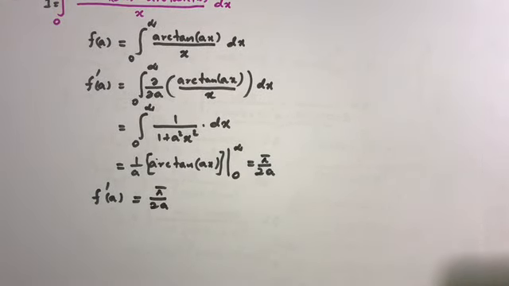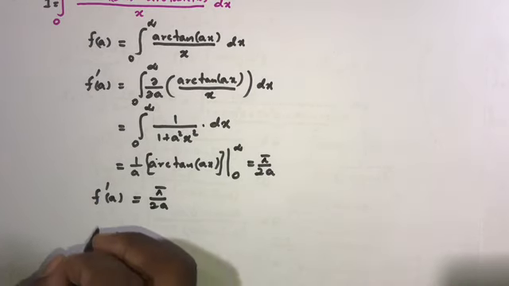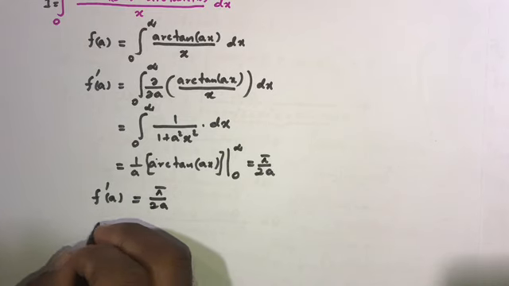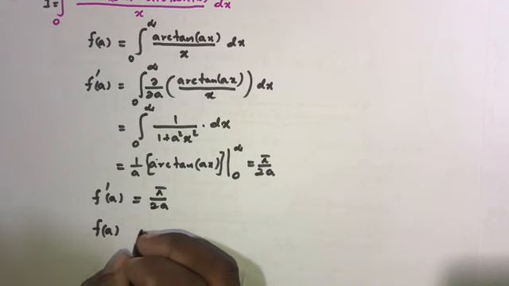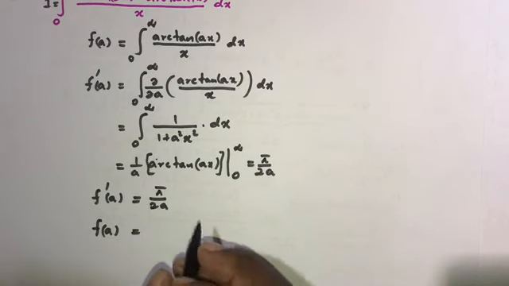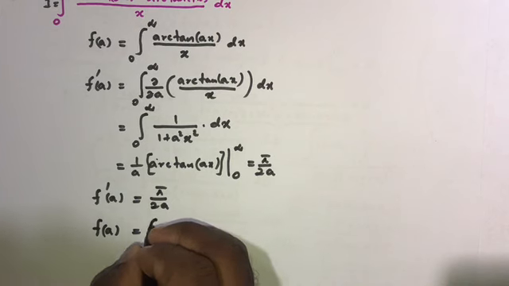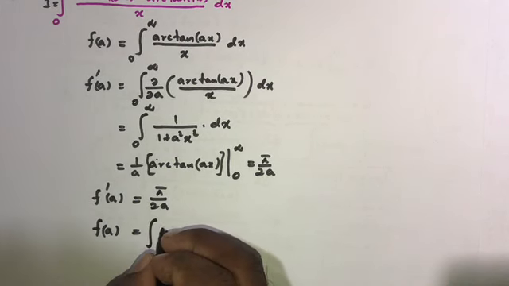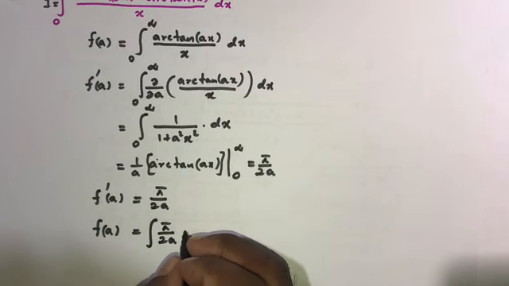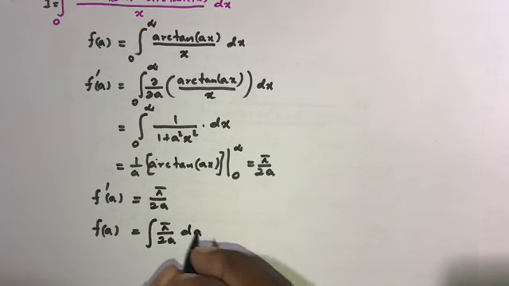Okay, now we can find f of a. So if we take integration, on this side f of a, and on this side the integral of pi over 2a with respect to a.